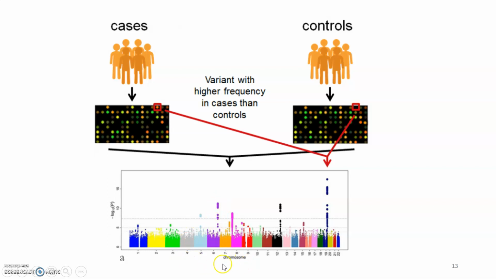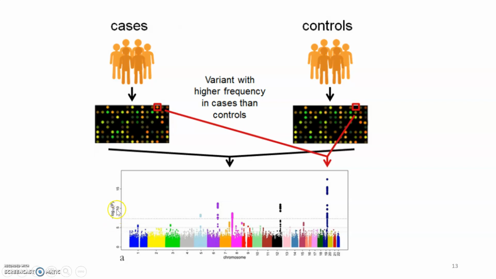So what we're measuring here, we have chromosomal position on our x-axis. Remember, humans have 22 autosomes, and so these are our 22 chromosomes here. And what we're plotting it against is our p-value. A p-value is simply the probability that the difference we see between our cases and control population is by chance alone.